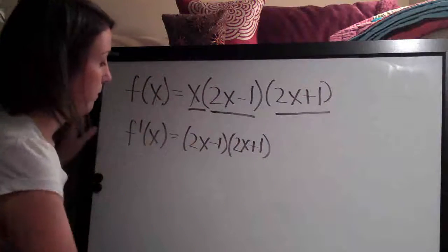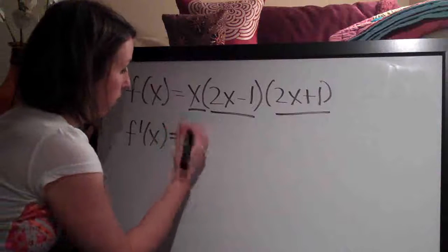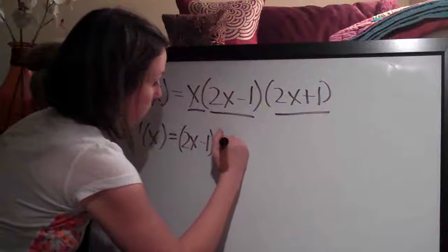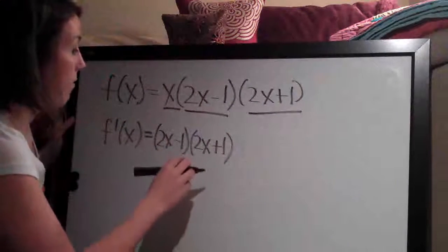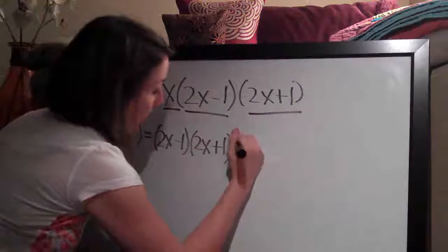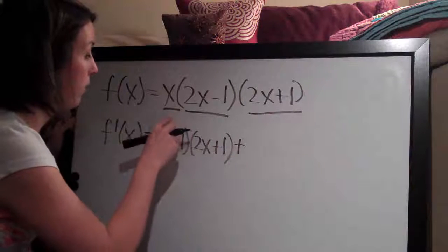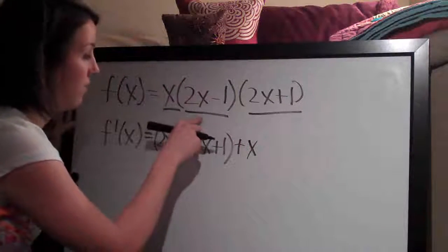And you know what? I'm going to need to write this smaller so you guys can see. I just don't want to run out of room. 2x minus 1 times 2x plus 1. Okay. Then, adding. Always adding. So, plus, we are going to go ahead and keep this one the same, x. Take the derivative of the second one.